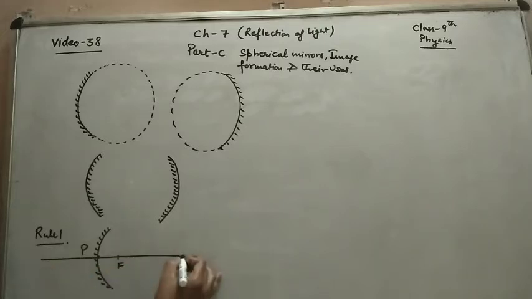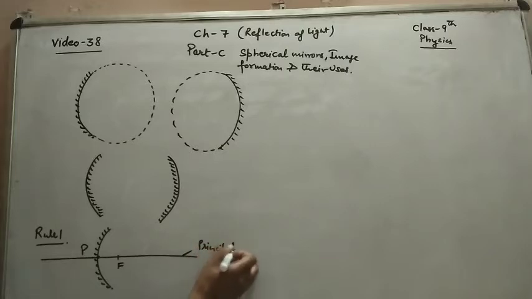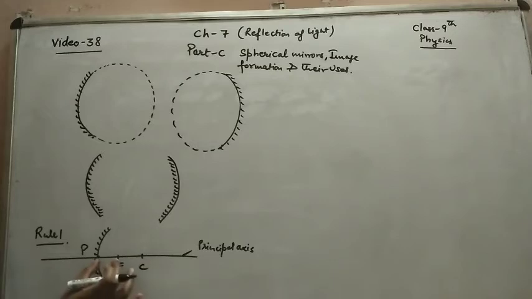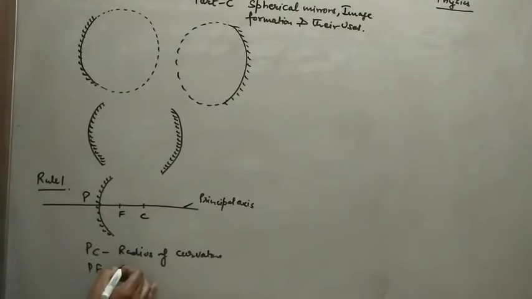So this line is called principal axis. There is another term, that is center of curvature, double to this. Pole to focus is focal length and double to this is radius of curvature. So simply you can say PC is the radius of curvature and PF is focal length.